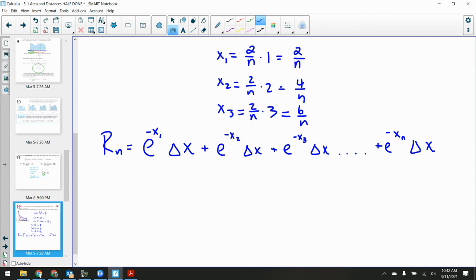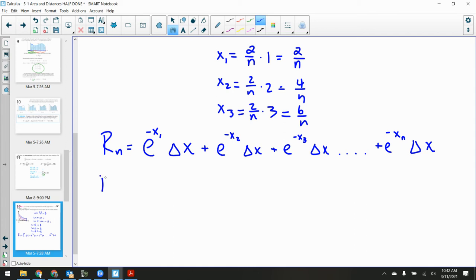Now, let me ask you this. What do you notice in all of these, in this whole sequence? What's common in all of these sums? Delta x. The interval is common, right? So can't we remove that out like a common factor?